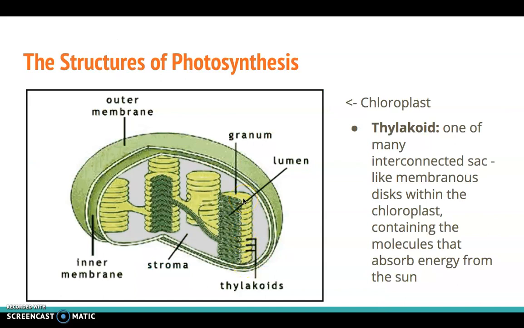Stacks of thylakoids are known as the granum, so this entire structure of all these stacks together is the granum. Inside the thylakoid is where we find the lumen. And the stroma is a liquid that fills the inside of the chloroplast itself.